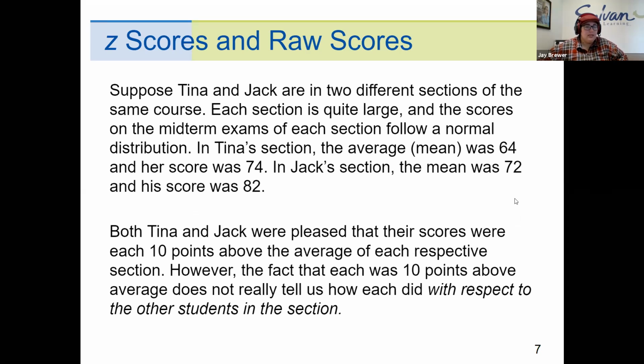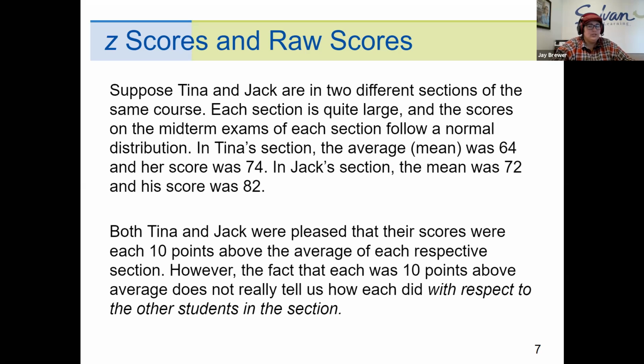Okay, so this is a scenario that we're going to use, and it will help you understand z-scores a little bit better. Suppose Tina and Jack are in two different sections of the same course. Each section is quite large, and the scores on the midterm exams for each section follow a normal distribution. In Tina's section, the mean was 64, and her score was a 74.